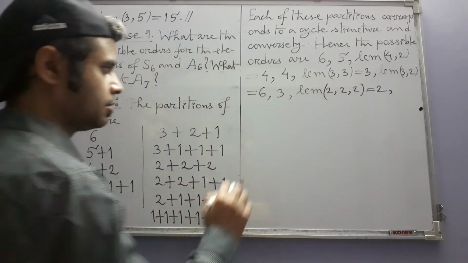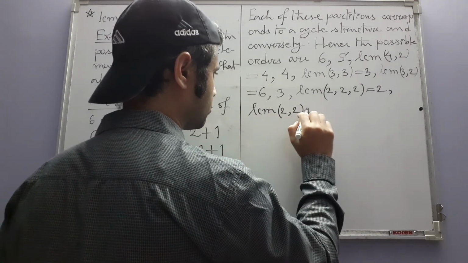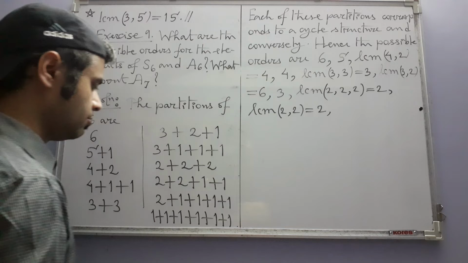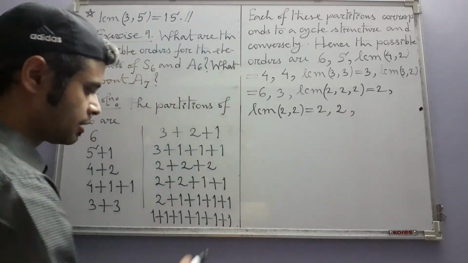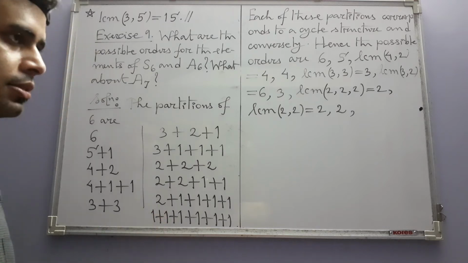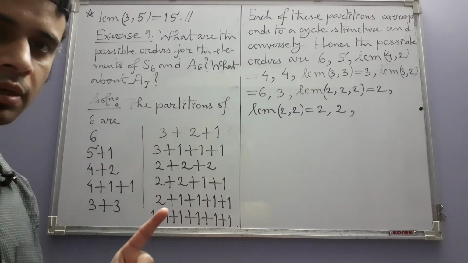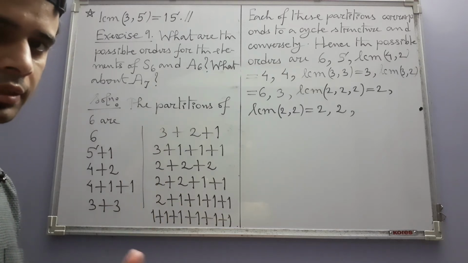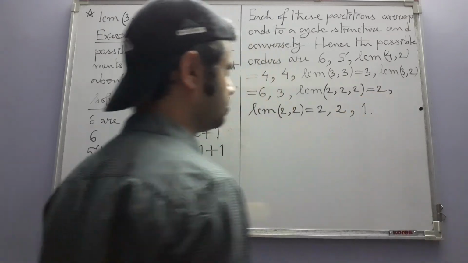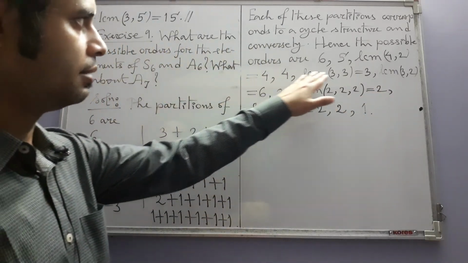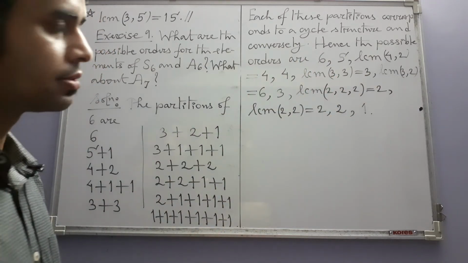Then this one is again 2. This one is directly 2. And the last one is a product of 6 1-cycles, and this cycle structure corresponds to a single element, that is the identity permutation, nothing else. So whose order is 1. Note that we are repeating numbers, so we are not writing it as a set, we are just writing it as a list.